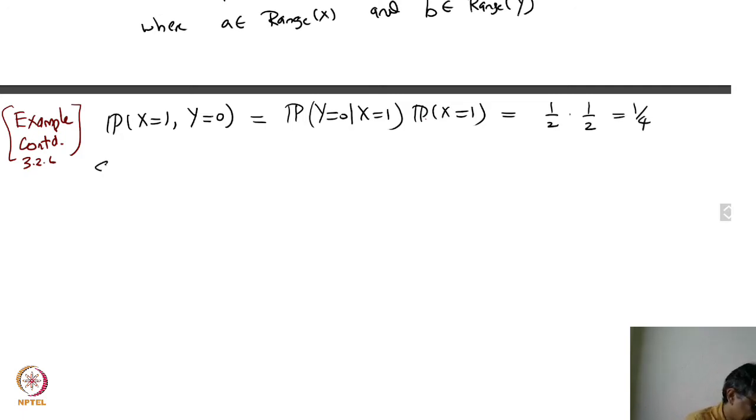And similarly, we could compute the other ones. The chance that x equal to 1, y equal to 1 is something, and likewise all the other numbers.